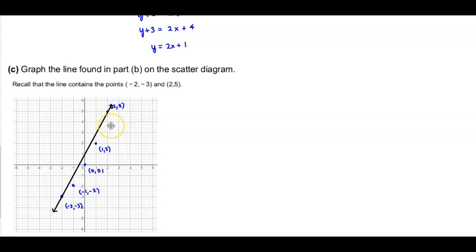Now, if we wanted to draw this line on StatCrunch, okay, we're going to look at the equation y equals 2x plus 1. Now, when you put this in StatCrunch, you put it in this form.